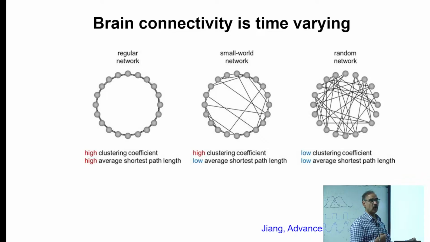And this one is called a random network, where there are many other connections. Typically this is very expensive, because you have to have so many connections between different locations.